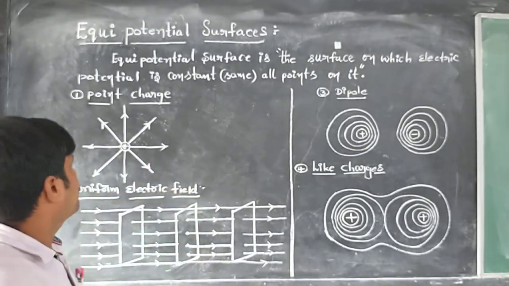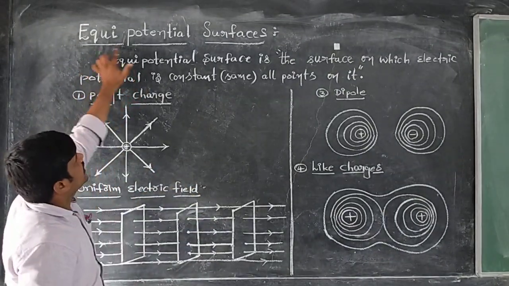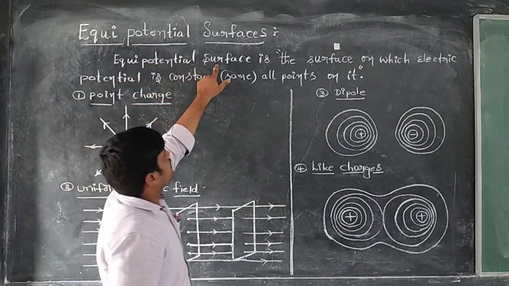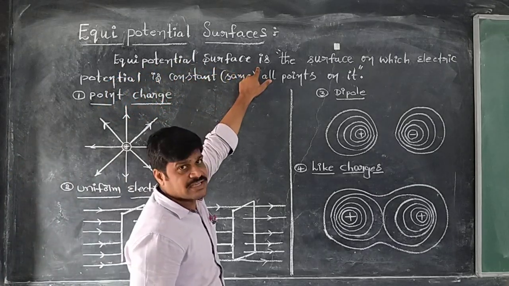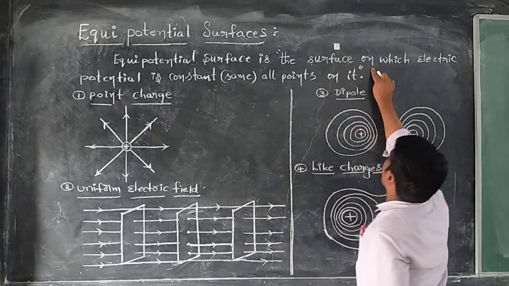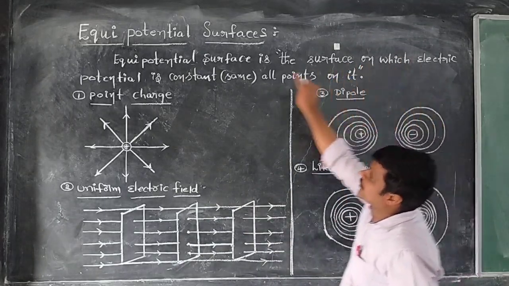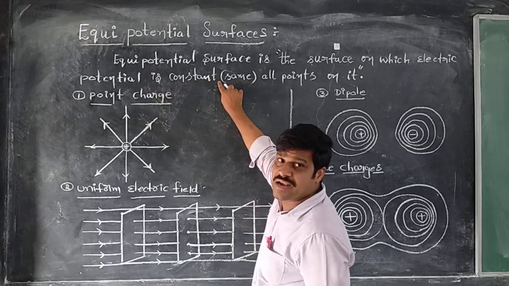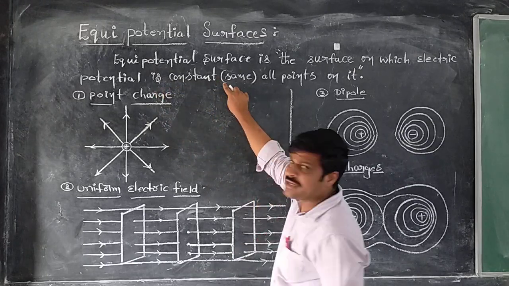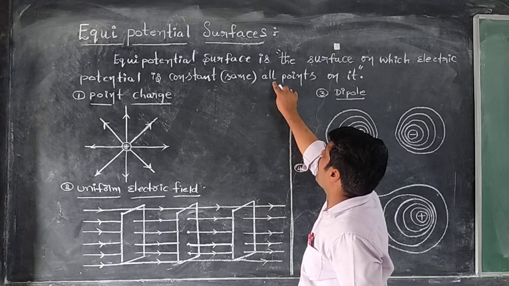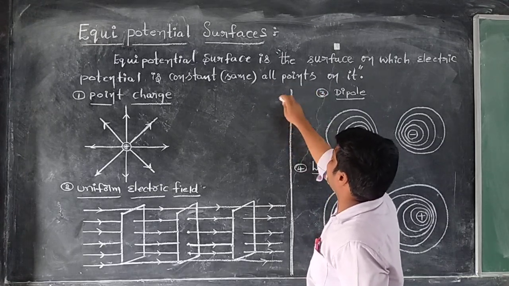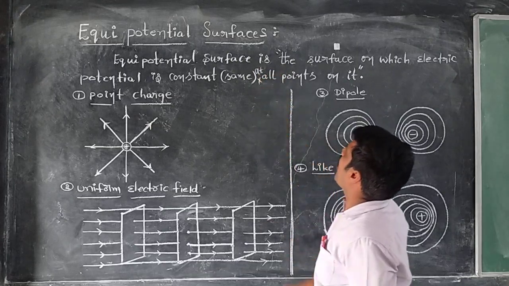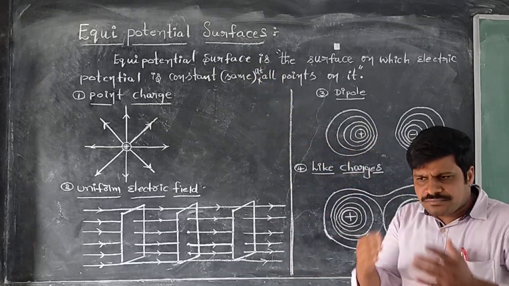Once again, what is the definition of an equipotential surface? An equipotential surface is the surface on which electric potential is constant. Constant means same, at all points on it.